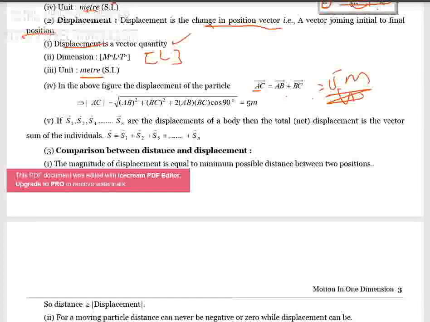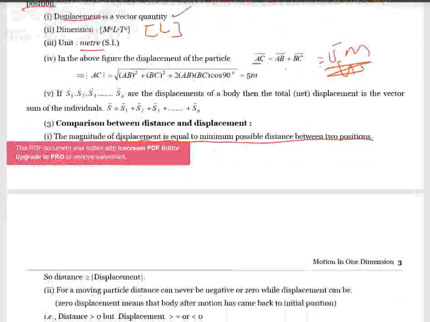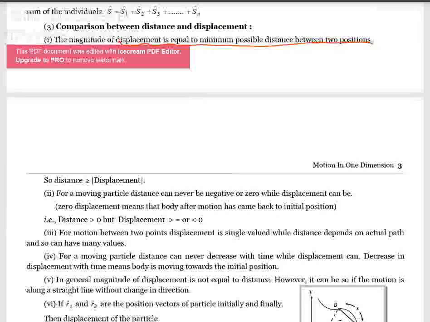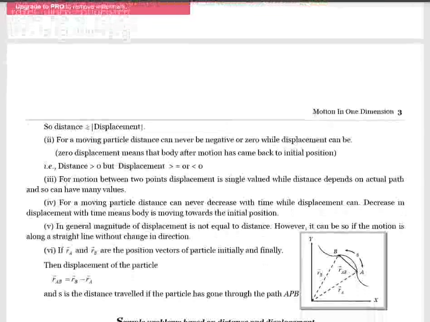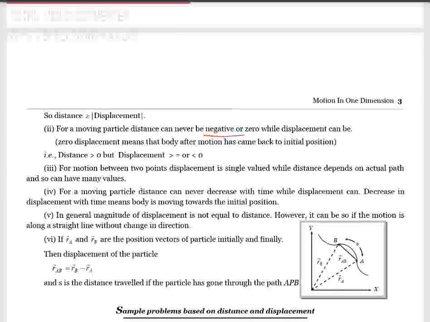And comparison between distance and displacement: the magnitude of the distance is equal to or greater than the minimum possible distance between the 2 points. The displacement magnitude is the minimum or the shortest path of the distance or the movement. For a moving particle, distance can never be negative or 0, while displacement can be.